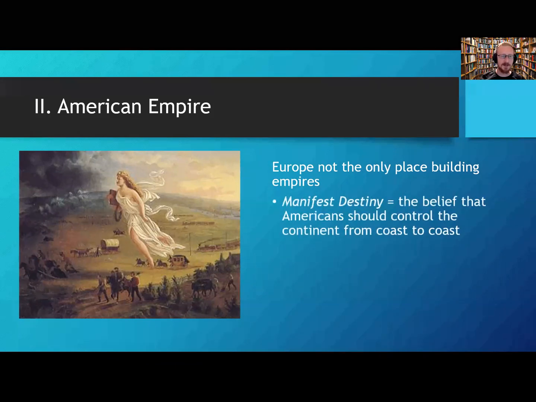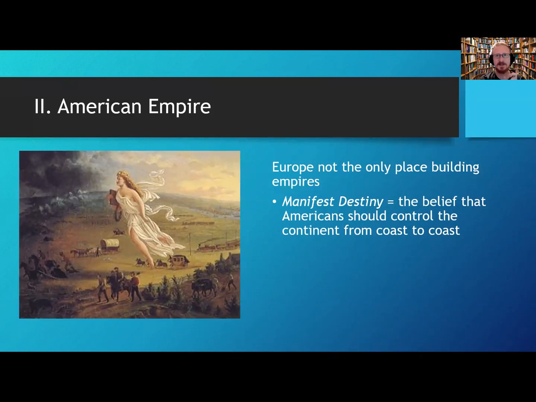that believes in this thing called manifest destiny. So we see Europe expanding, taking colonies, all this stuff. America has its own ideas of imperialism, and that includes taking over all of the territory from coast to coast, from the Atlantic Ocean, where we started out, all the way to the Pacific Ocean.